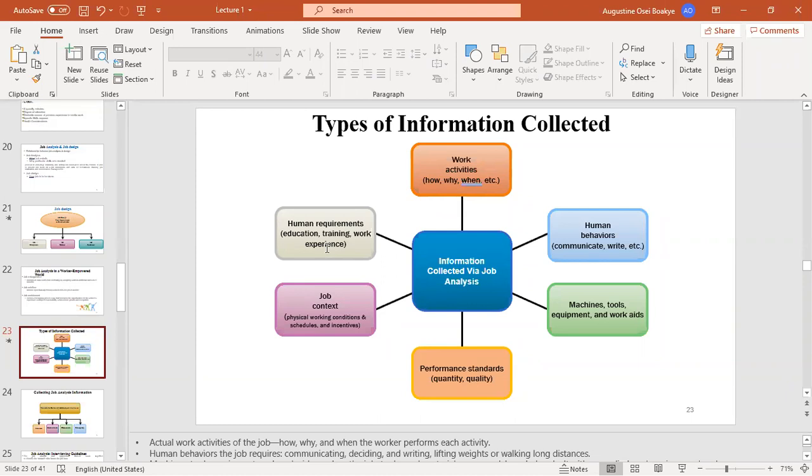The implication is that if the job analyst fails in gathering the right information, then in their attempts to design a job or even prepare job description and job specification for an impending job advertisement, they are also going to get it wrong. That is why we say that the work of the job analyst does not need to be compromised in all aspects.